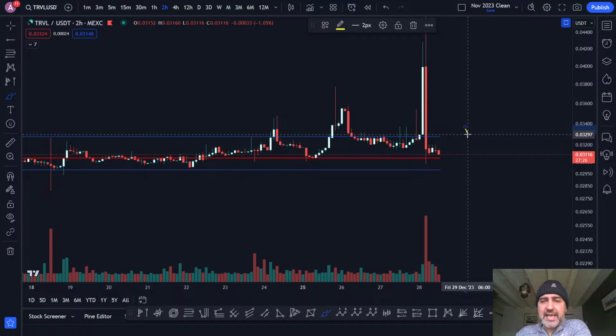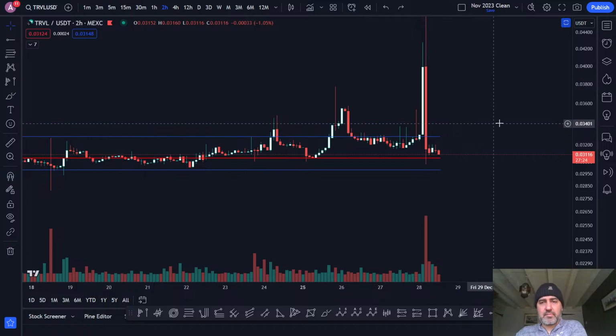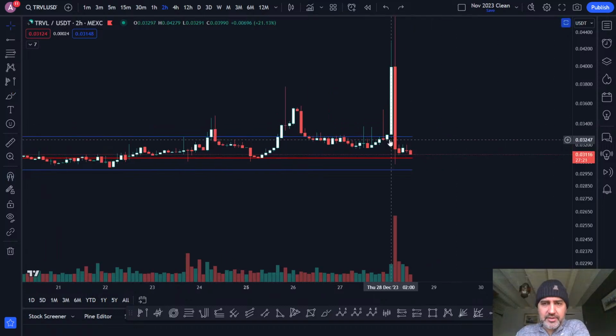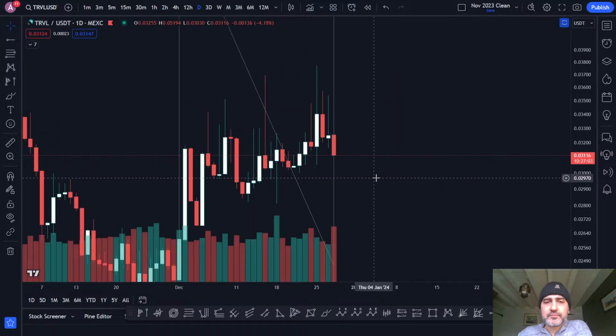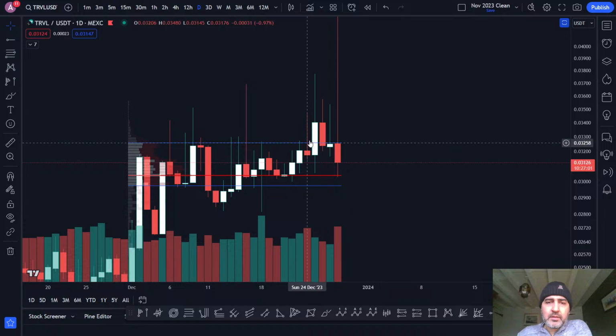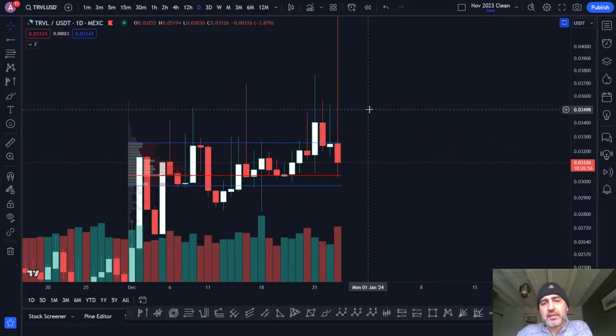So what we obviously had yesterday is the price closing above this value area high at midnight.